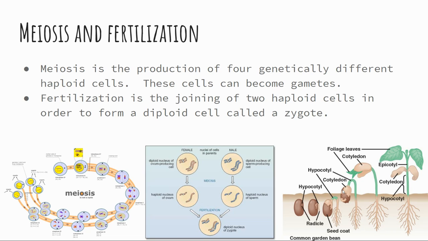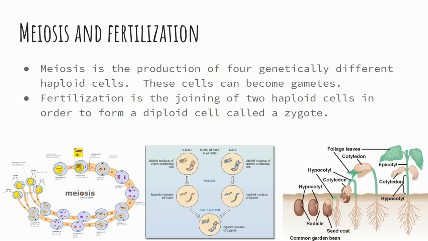So meiosis is the production of 4 genetically different haploid cells. We've discussed what haploid and diploid mean, but let's review it. Haploid means that these cells have half of the chromosomes needed for a fully functioning cell. So think about half.